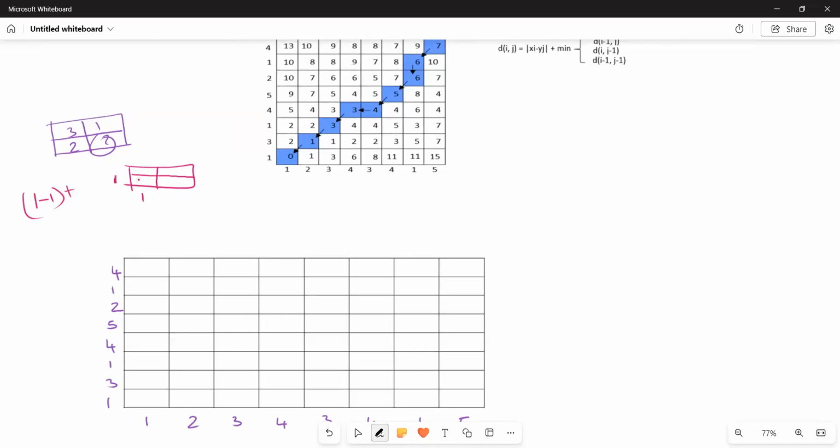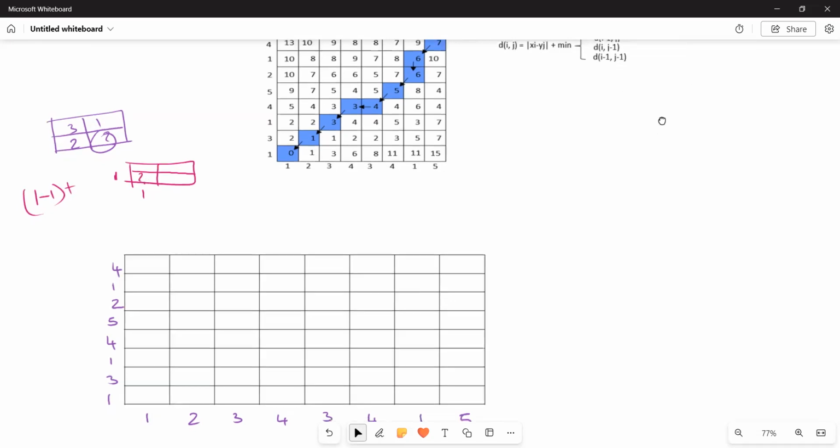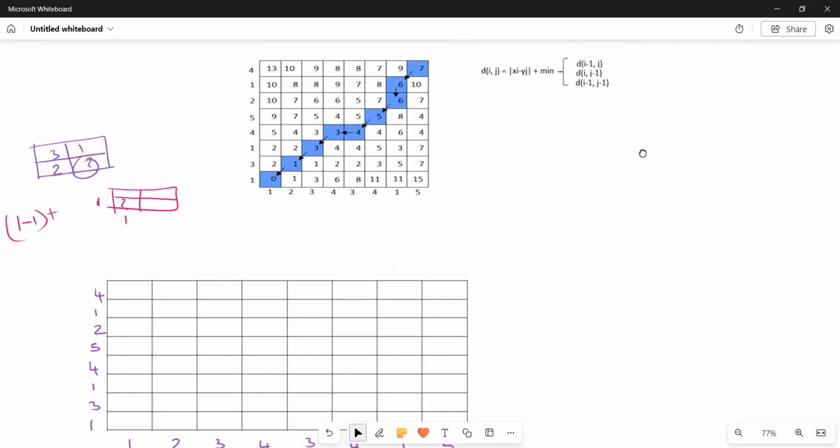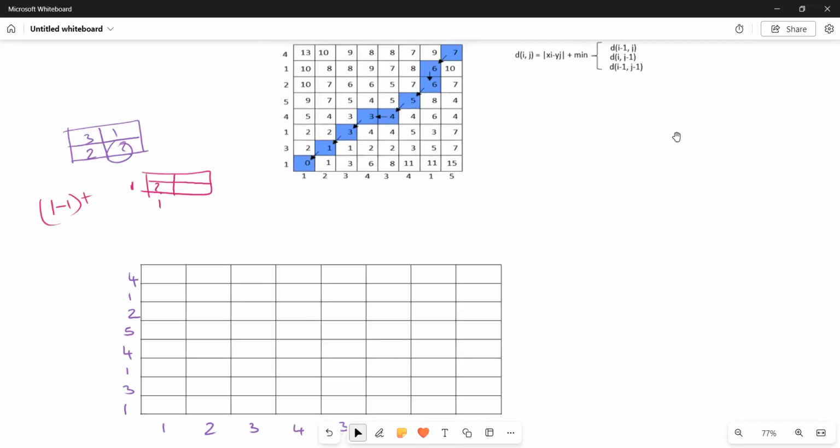This is the value which I'm trying to find, and these three are those values which are mentioned in the formula: that is i minus 1, j; i, j minus 1; and i minus 1, j minus 1. So these are your different values. I will write the value which is minimum out of these three cells.